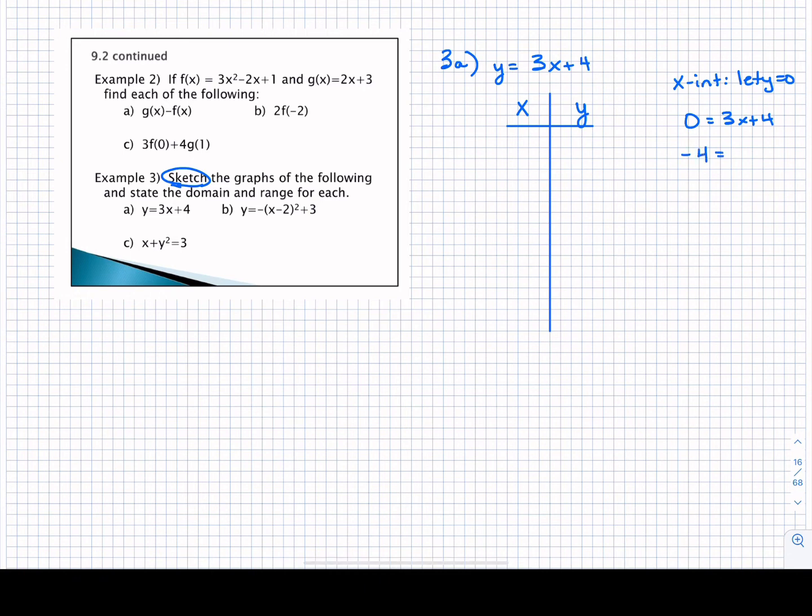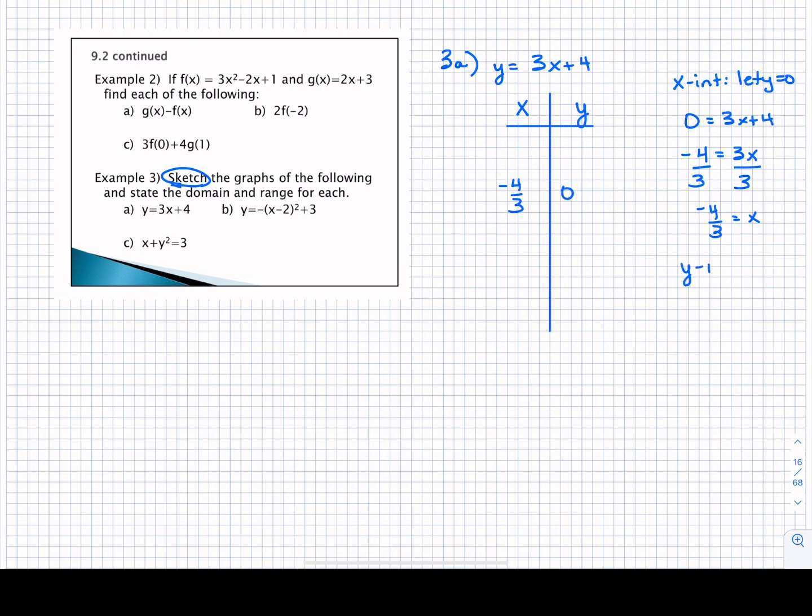So negative 4 is equivalent to 3 times x. And then we divide both sides by 3. So you get negative 4/3 as your x-intercept. So what we know is that when x is negative 4/3, our y value is 0.